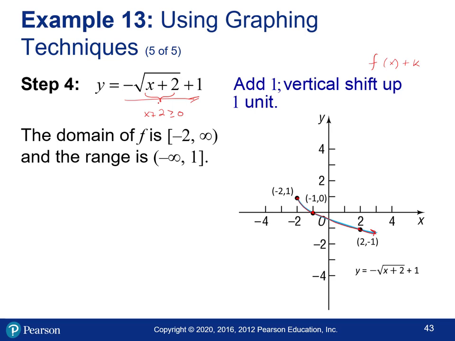So either from the function itself or from the graph, I can tell that the domain should be -2 to infinity. And then the range, it's easiest to tell from the graph here that the highest y value on the whole graph is 1, and then the graph is going down forever, so it's from -infinity all the way up to 1 for the outputs or the range values.